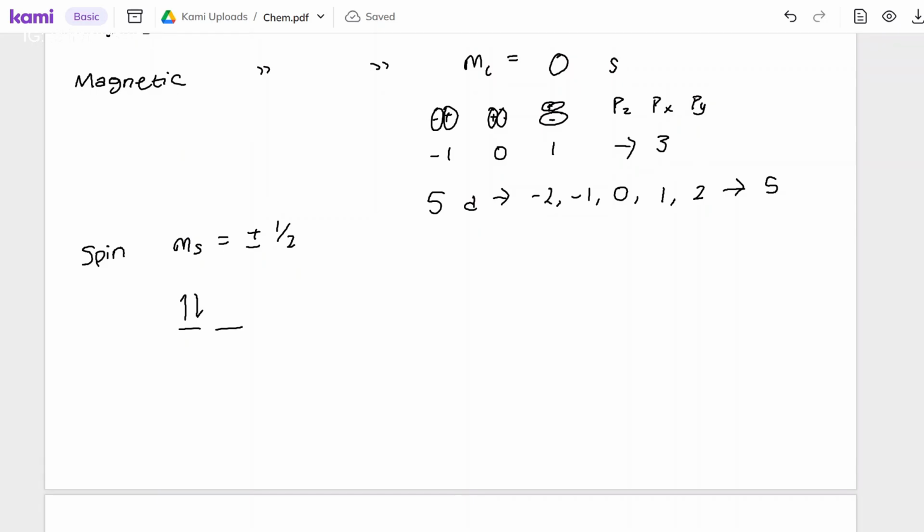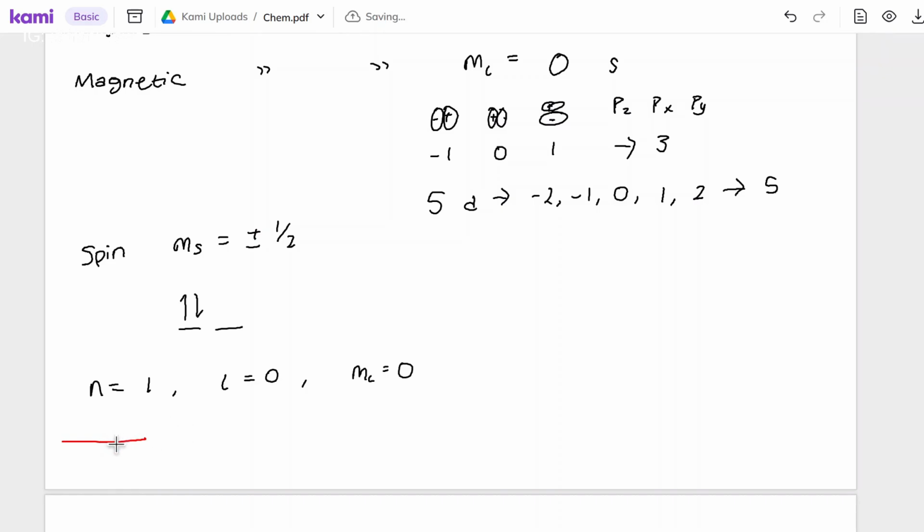Let's say in an exam you're given something like n is equal to 1, L is equal to 0, and ML is equal to 0 as well, because it has to be 0. You can't have an ML more than the L. If you're given these three numbers and they ask how many electrons this can form, you can solve this by looking at n equals 1, which means it has to be in the first row of the periodic table.